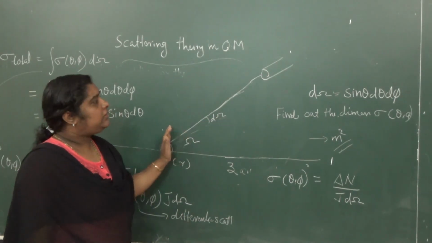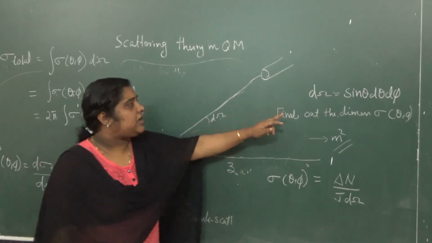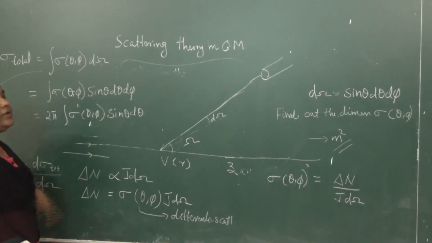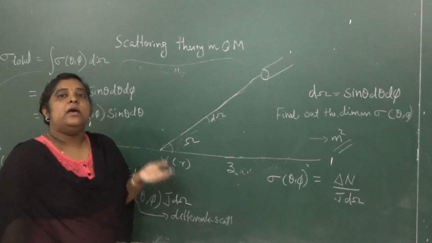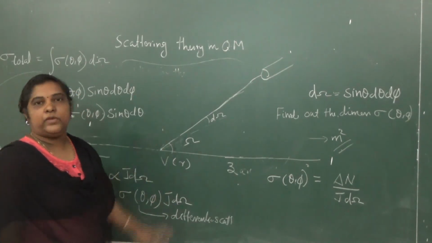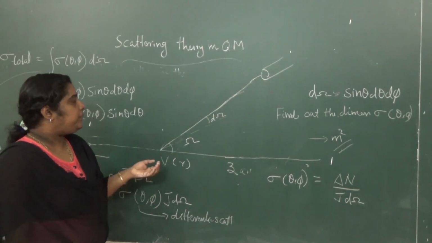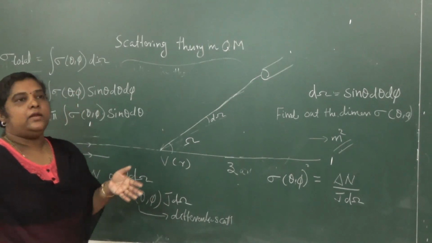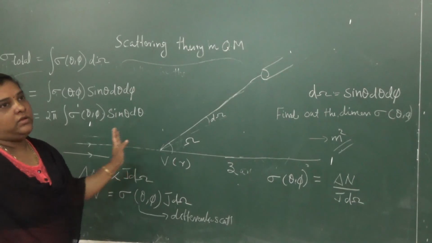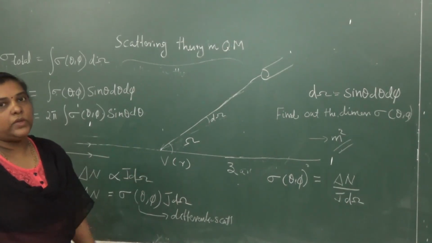In the next class we have to find out how the differential scattering cross section and the total scattering cross section relate to the wave function, or its amplitude. How do you get sigma theta phi and sigma total from the quantum mechanical treatment of the wave function?